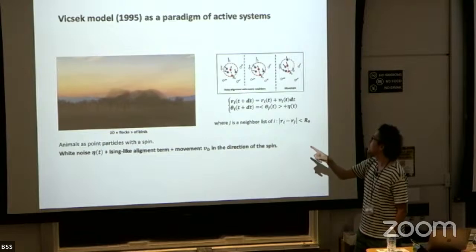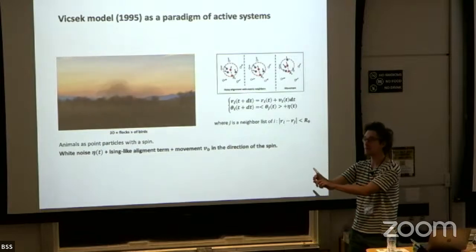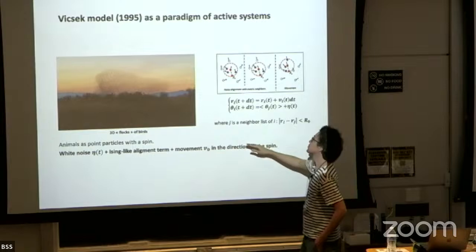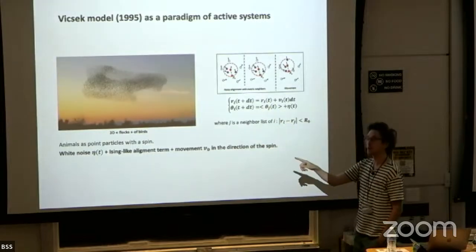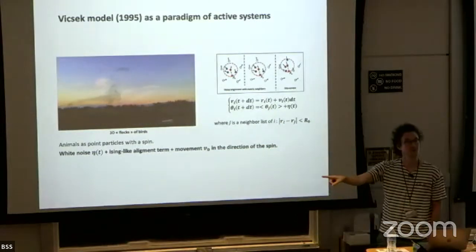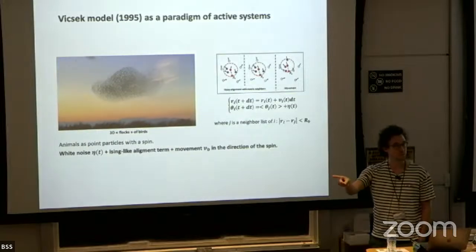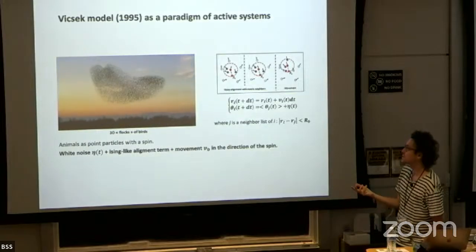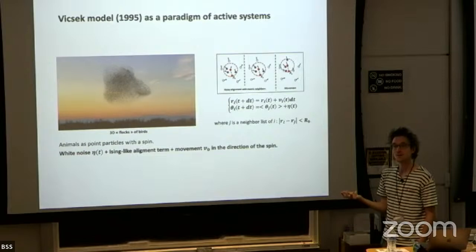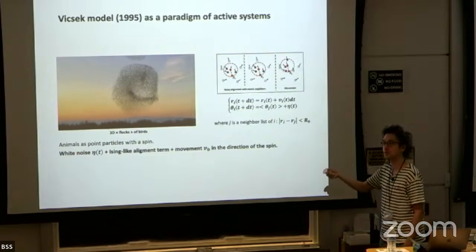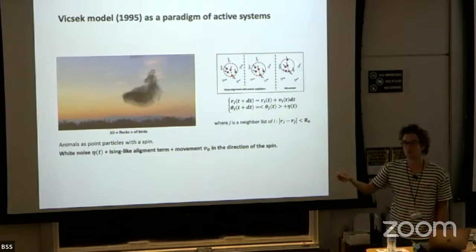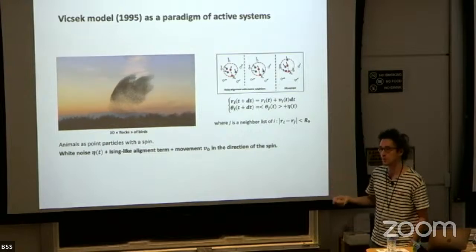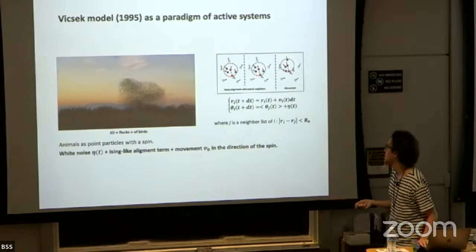It's in 2D, and then it aligns to your neighbors. Basically, the only difference from the XY model is that you can move, right? You move in the direction of your spin. And so it's kind of nice because it's in a way the simplest non-equilibrium variation that you can do out of probably the most classical model of statistical physics you can imagine.